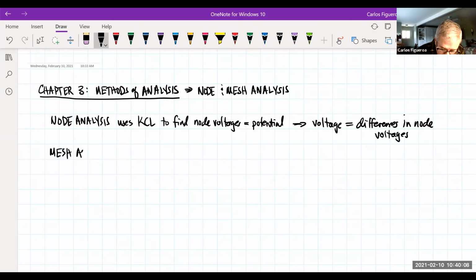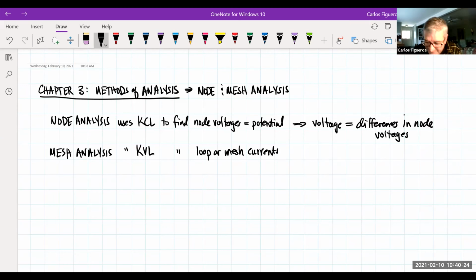So mesh analysis uses KVL to find these things that are called loop or mesh currents. And these loop currents are really counterintuitive. I mean, it's really amazing that they actually exist.